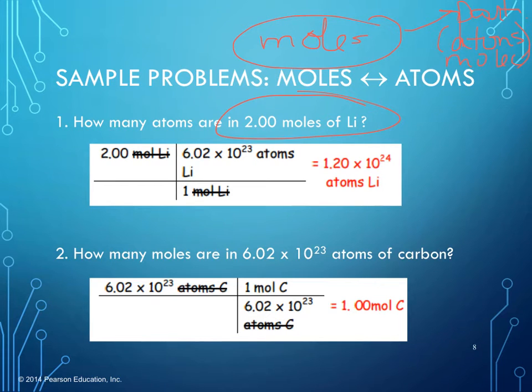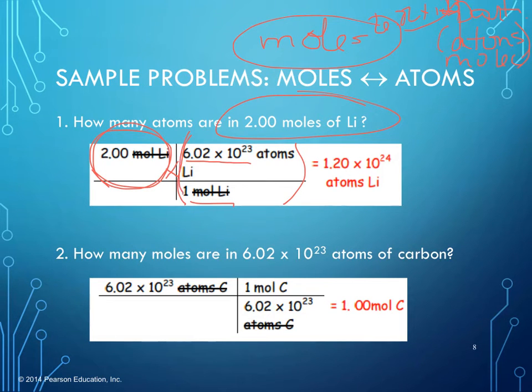If we want to convert to a particle, we would use Avogadro's number, which is 6.02 times 10 to the 23rd. The key is you put the given information in the upper left, and then in ratio form, you multiply by your conversion factor, which tells us that there are 6.02 times 10 to the 23rd atoms in 1 mole.